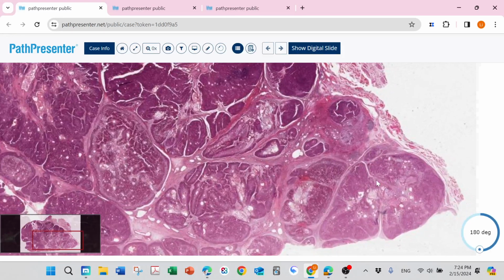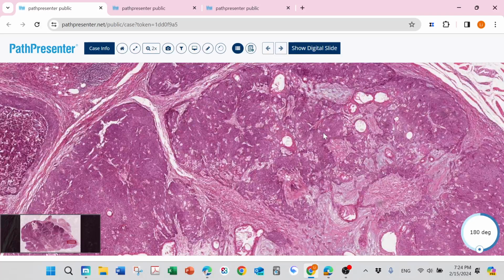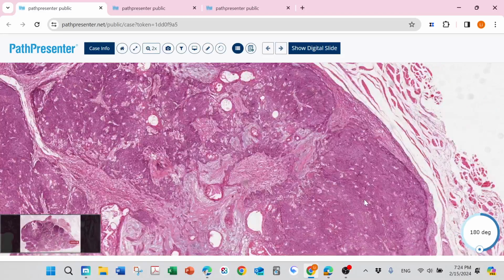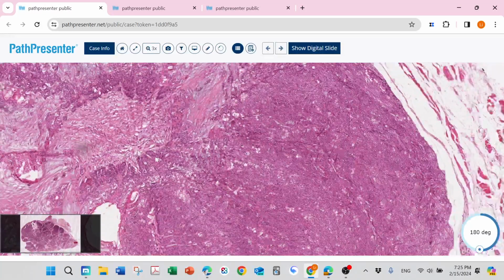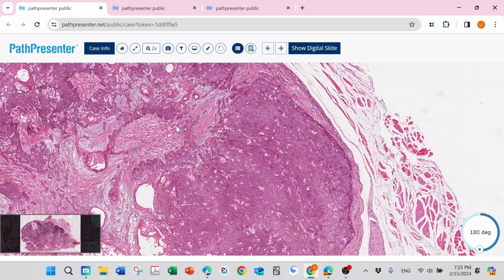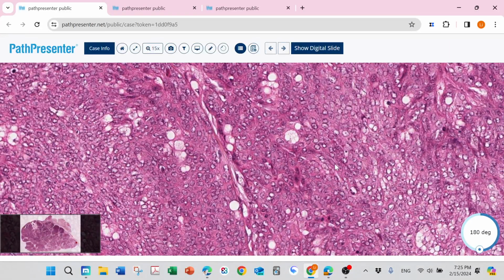In some areas, we can still see sebaceous differentiation. But when we see these cells with this stroma, with infiltrative growth, let's look at the cytology of this cell.